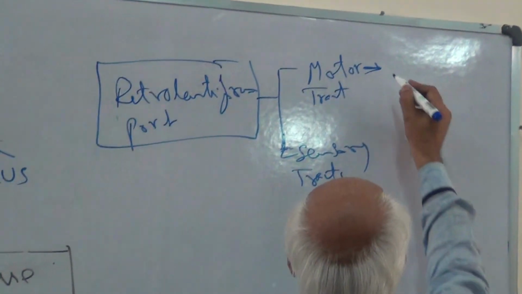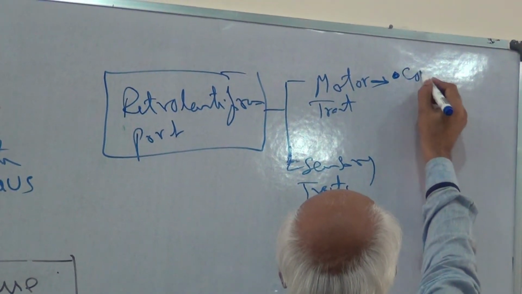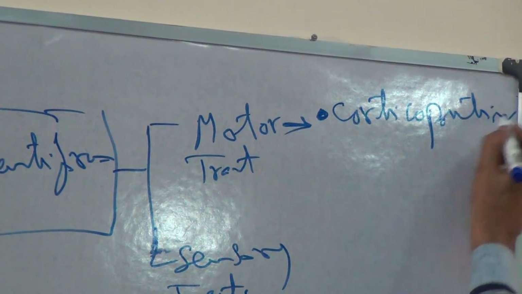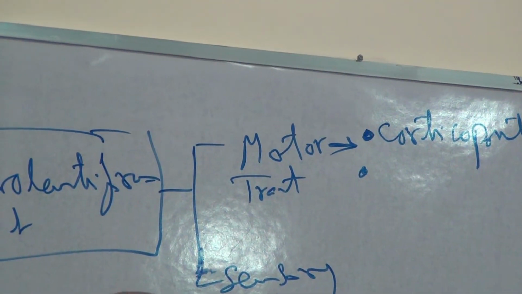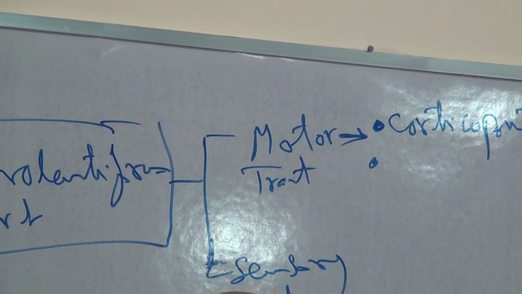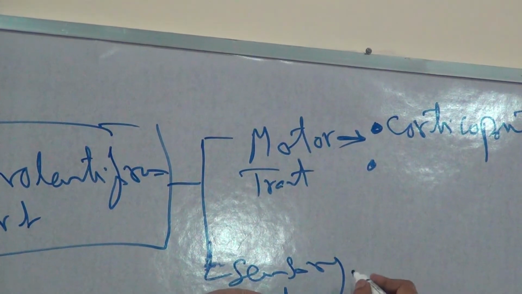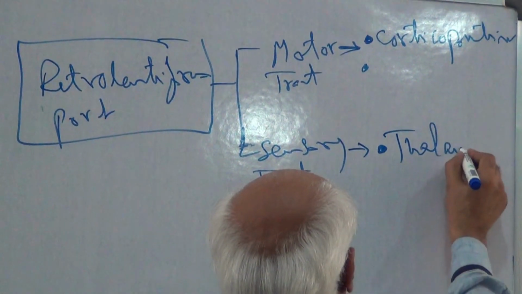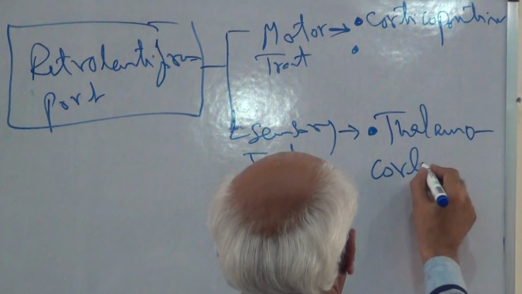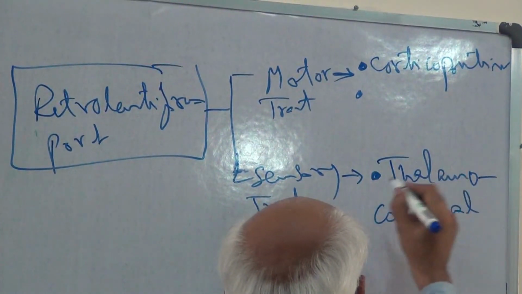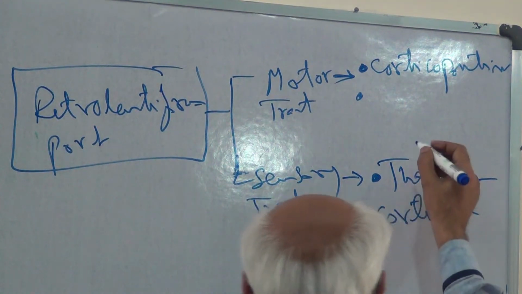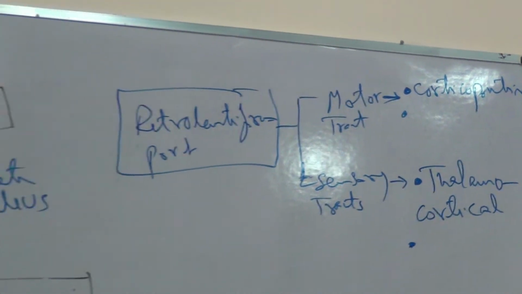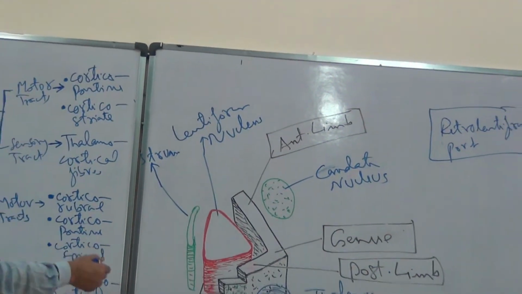Motor tracts are cortico-pontine tracts, and sensory are thalamocortical fibers. So you can see the sensory fibers through all parts of the internal capsule are thalamocortical fibers.